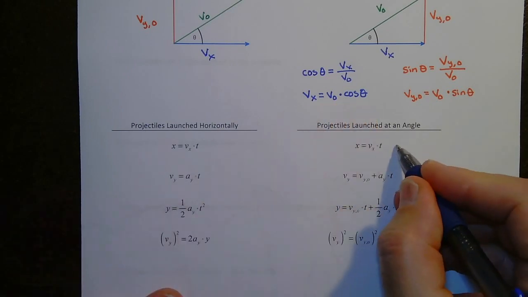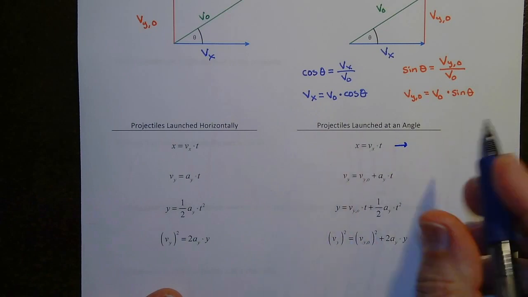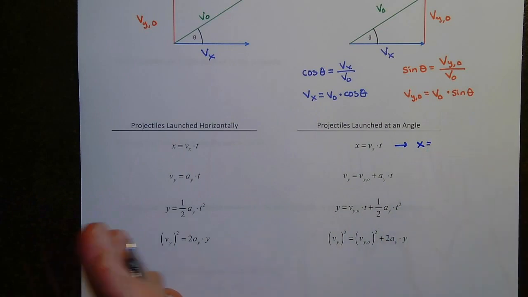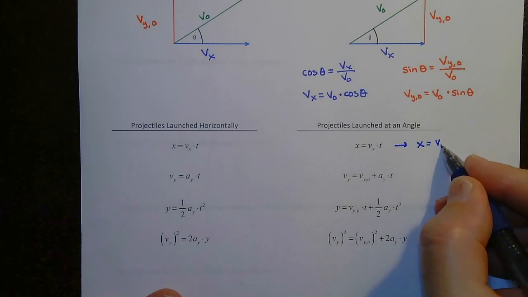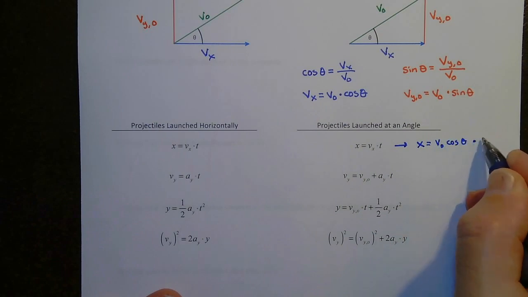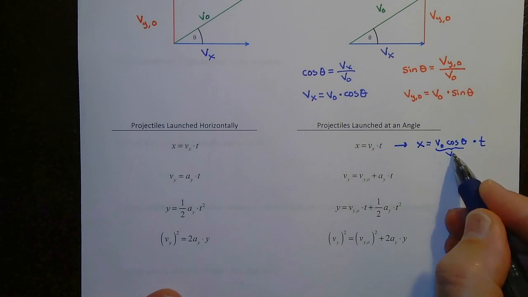So you could rewrite this if you wanted to. I'm not going to do it this way, but I'm just telling you, you could. X, the horizontal position, is equal to V sub O cosine of angle theta times t, because this right here is my V sub X.